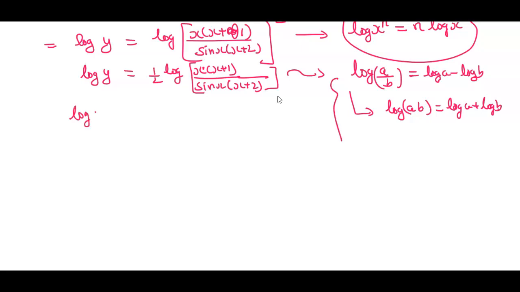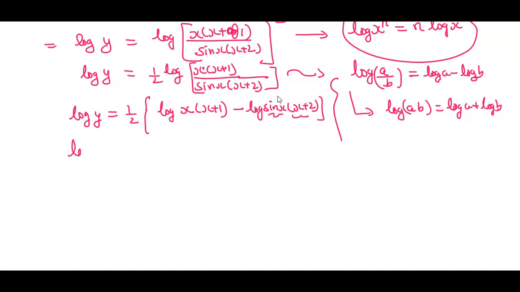So far I have not differentiated, I am simplifying initially. Now this is log x plus 1 minus log sin x plus 2. Now a trigonometric function with an algebraic function. Now further, log y is half of log x plus log x plus 1.